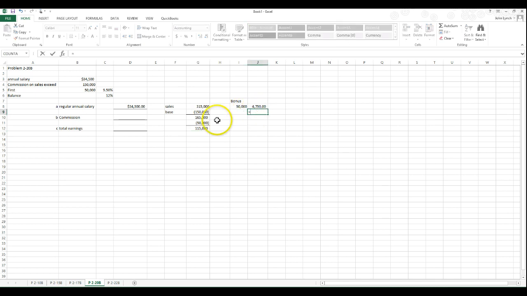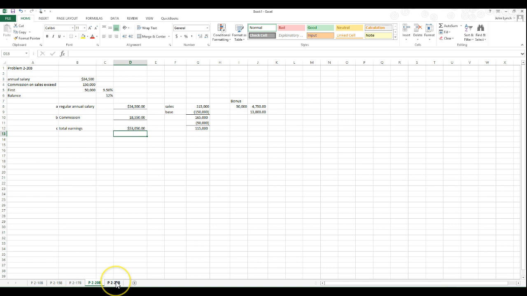So the balance would be equal to the 115,000 times the 12%. So the total commission then would be equal to the 4,750 plus the 13,800, or 18,550, which then gives you a total earnings of the 34,500 plus 18,550, or $53,050.